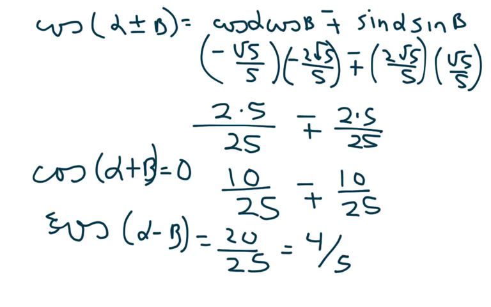Now, you need to write these down, and when you write these down, you're going to get cosine of alpha plus beta is 0, and cosine of alpha minus beta is 4 over 5.